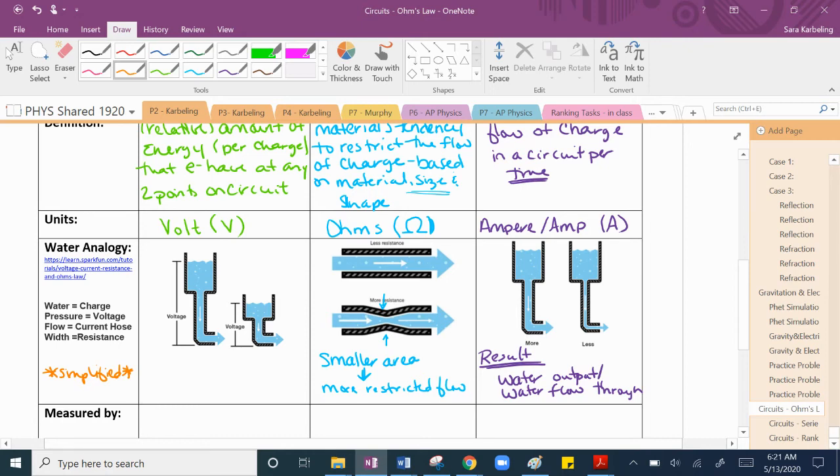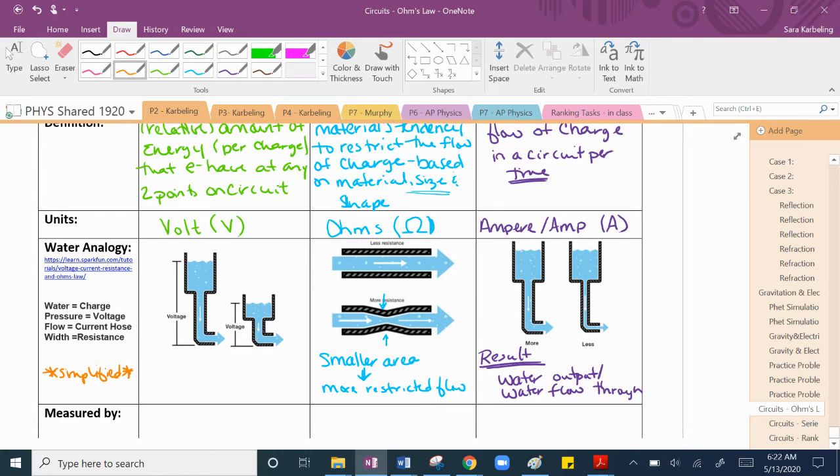So again, the water actually coming out of or moving through the hose is like your current. When you change the size of that hose or that tube, that's going to affect your resistance or your restriction of that water. The other thing that you need is for that water to have some energy so that it has a reason to go somewhere.